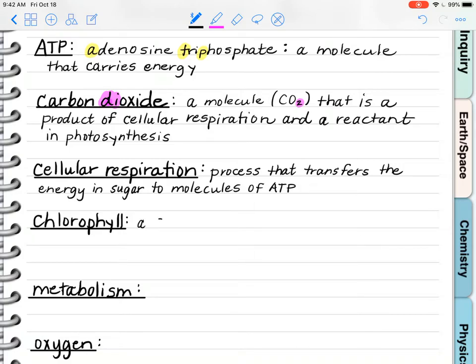Chlorophyll is a substance in the chloroplast of a plant cell. We looked at a model of a plant cell back a ways ago. You might want to review that. It's in the cell chapter.